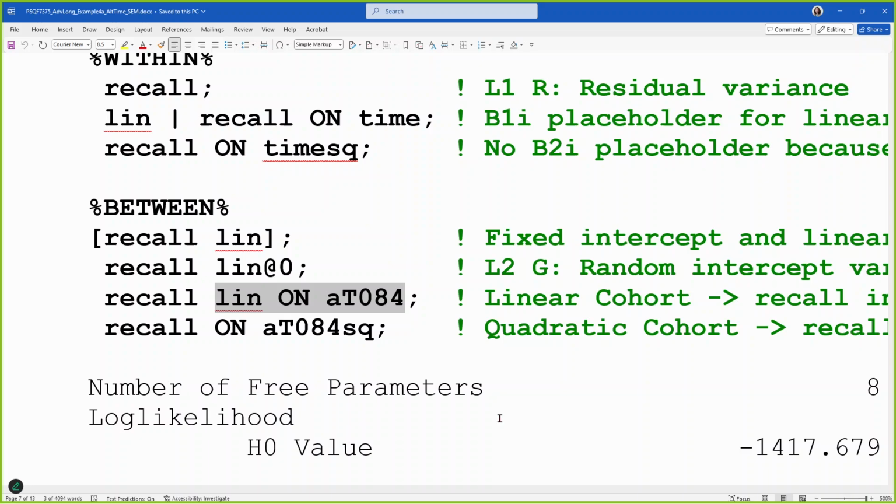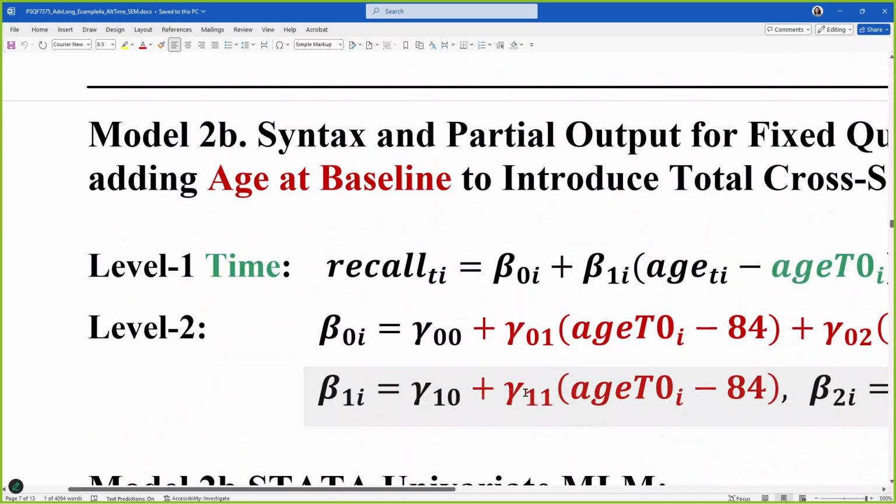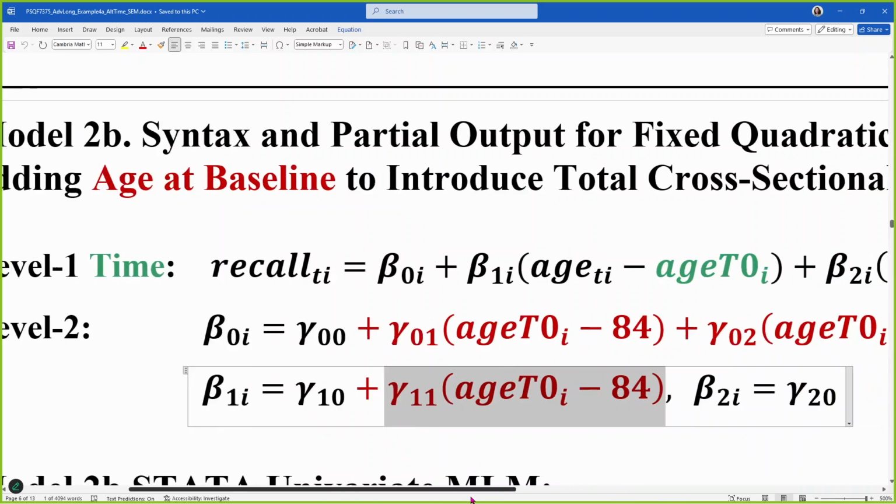Excellent. Yep, this is a cross level interaction. Because what I'm doing is predicting beta 1, that when you see lin, think beta 1, with age at baseline. That translates into this term right here, predicting beta 1 with age at baseline.